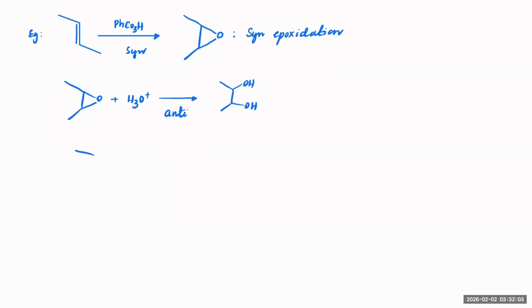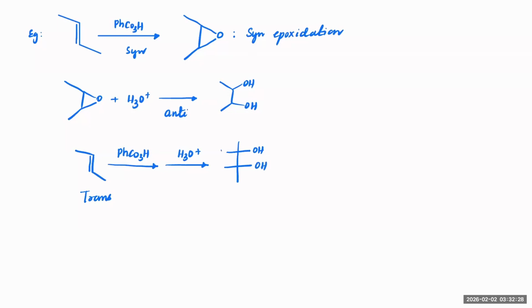Therefore, if you write the overall reaction like this, trans plus PhCO3H, followed by H3O+, let's say, if at all it is given this way, then you will have it like this. And now you will have OH here because you are taking a trans form and overall making an anti-addition.